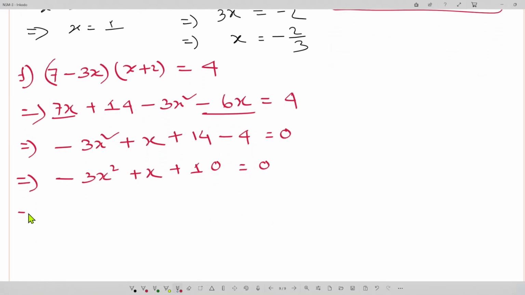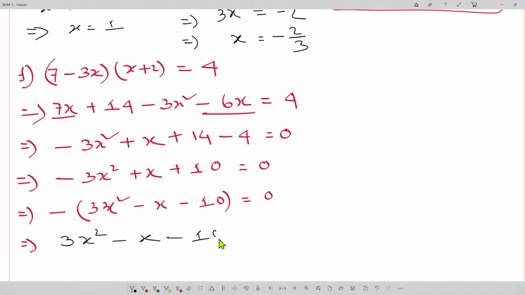Right? Now we can take common minus, so here will be 3x square minus x minus 10 equals to 0. Right? And now we can multiply both sides by minus 1, so we will get 3x square minus x minus 10 equals to 0.